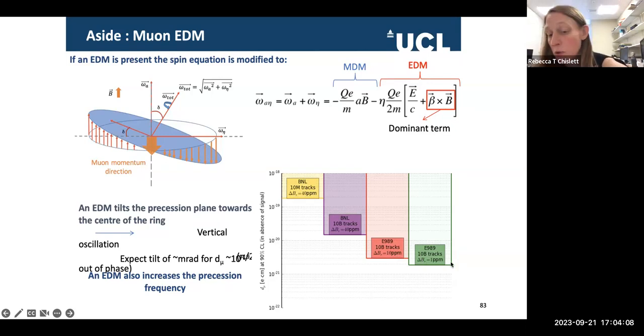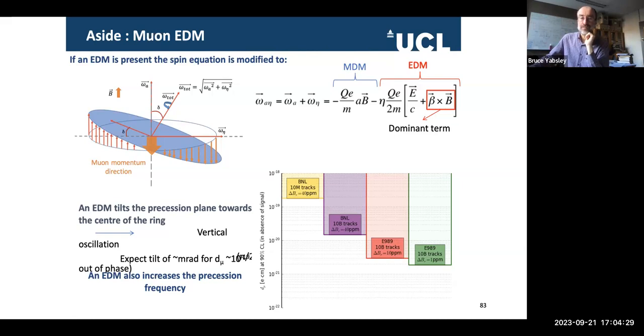And if you can measure it to 1 part per million, you get what's in green. And there have been a lot of clever studies done to try and reduce the radial field uncertainty and measure it more precisely as we've taken more data. Okay, thank you.